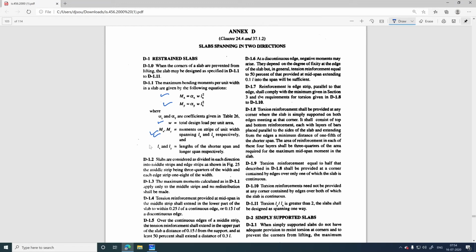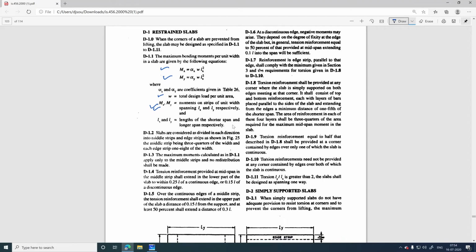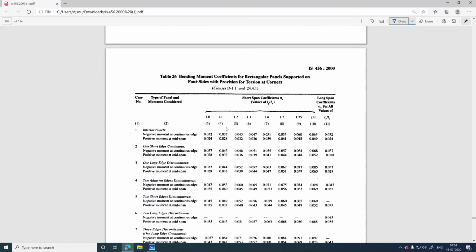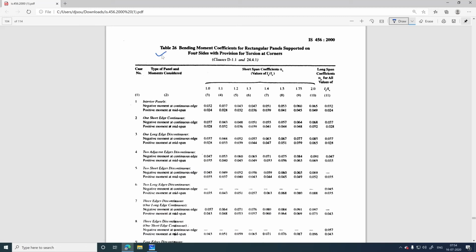Another thing is alpha x and alpha y. Let's see where they are, in table number 26, right? So this is table number 26. Here you can see the case numbers and the type of panel and moments considered. The descriptions are given in the following column, and all these are the values of alpha x.